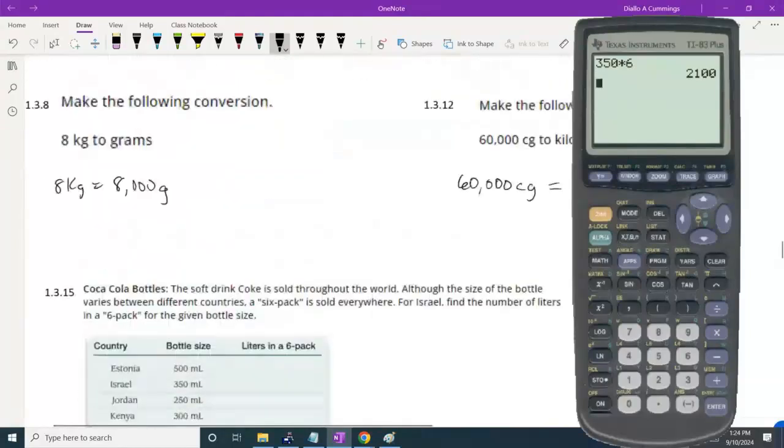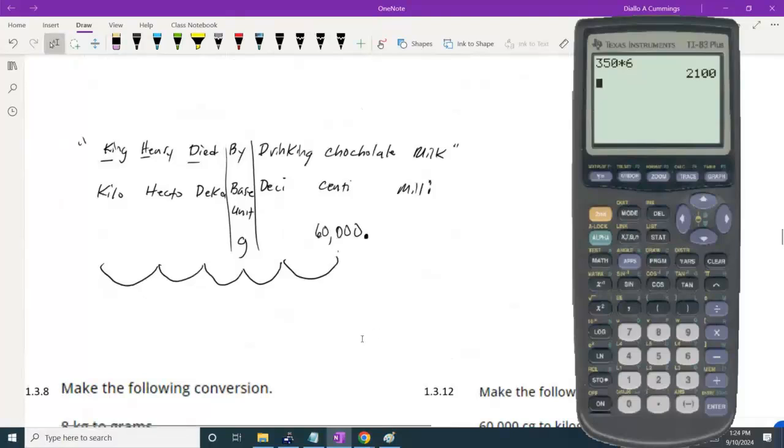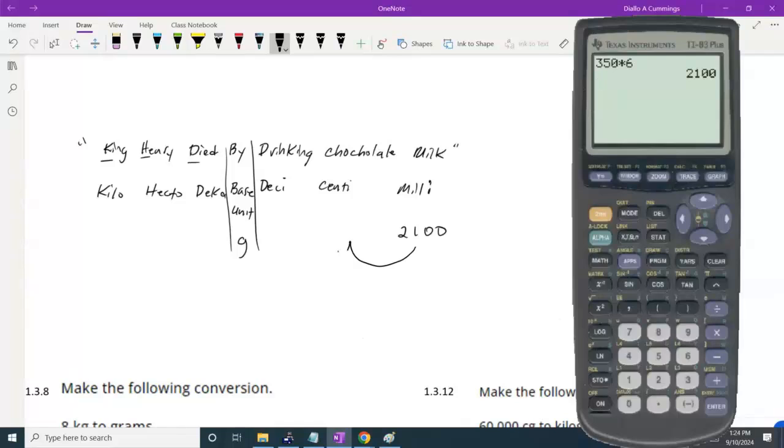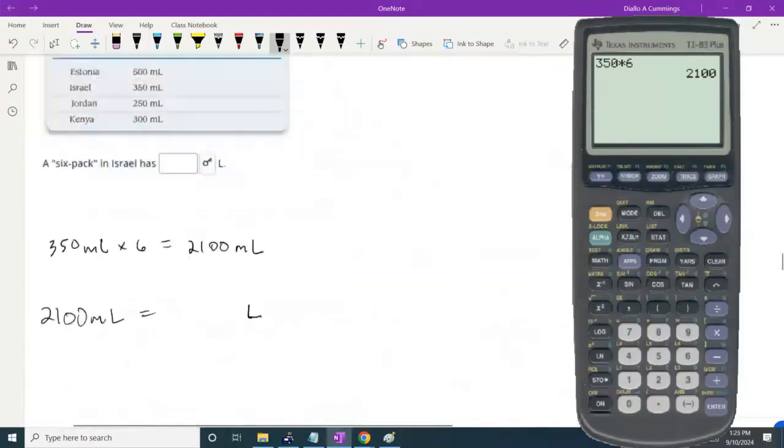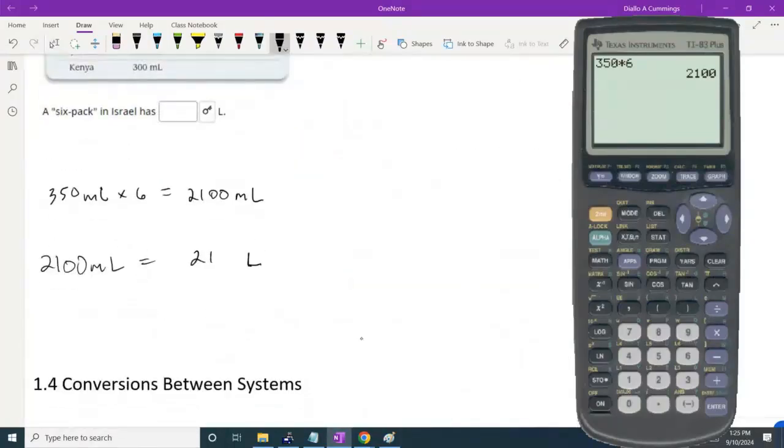So I'm going to go back to our chart. And I'm going to write in 2,100 milliliters. Right. I want to convert milliliters to liters, so I have to move the decimal 1, 2, 3 places to the left. So in 2,100, if we move the decimal 1, 2, 3 places, you should get 2.1 liters.